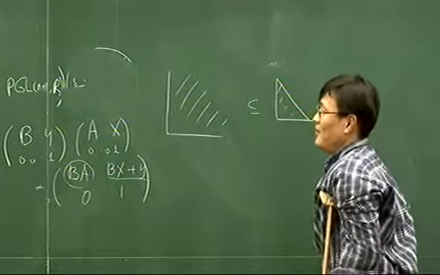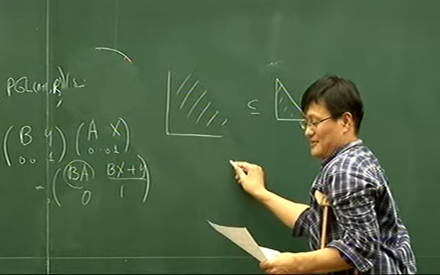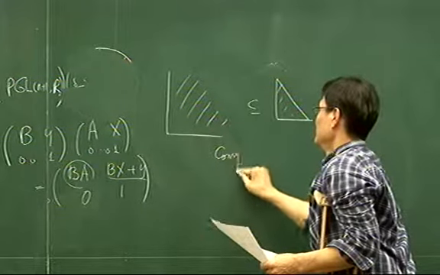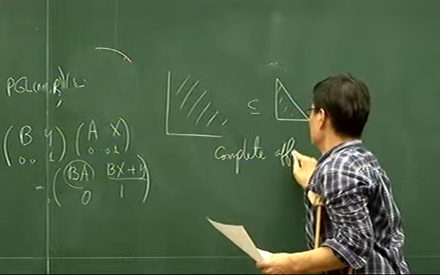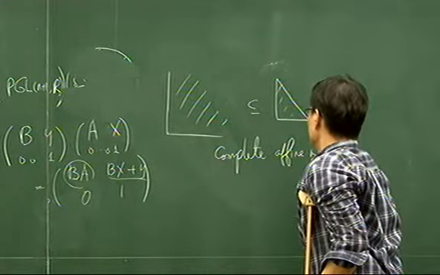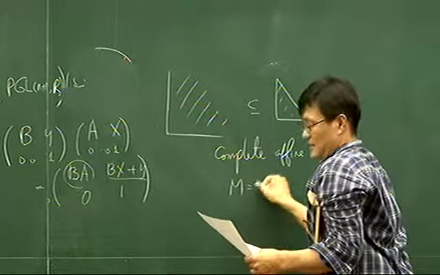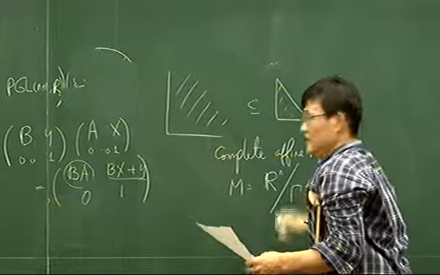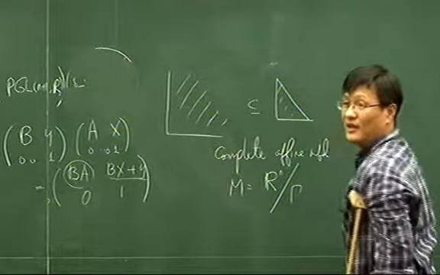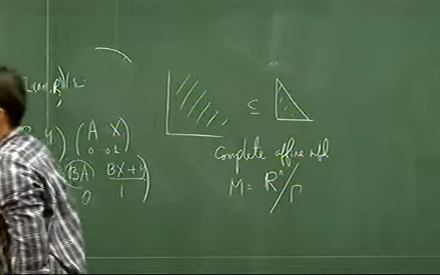There is one unsolved problem for graduate students. A complete affine manifold means, by definition, a quotient by a discrete group gamma.